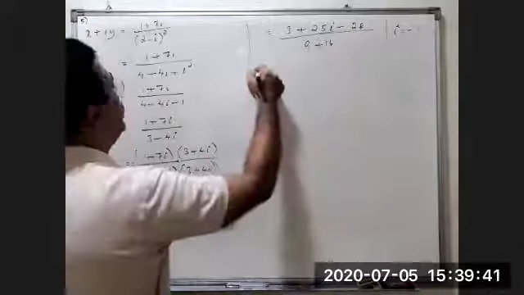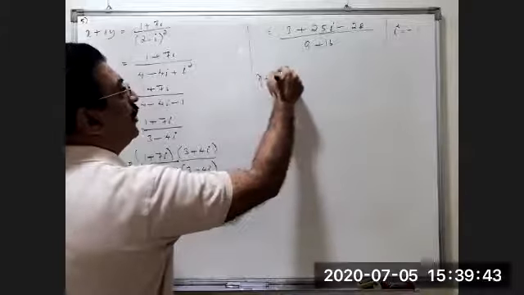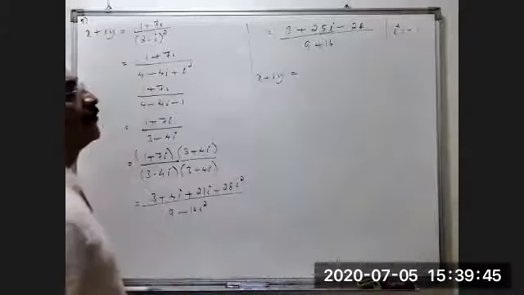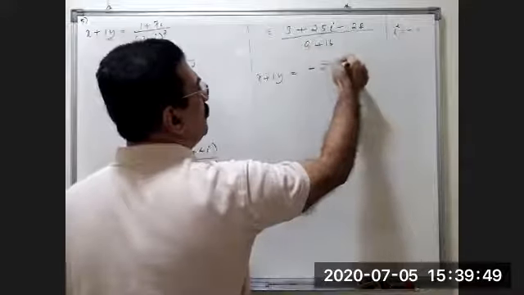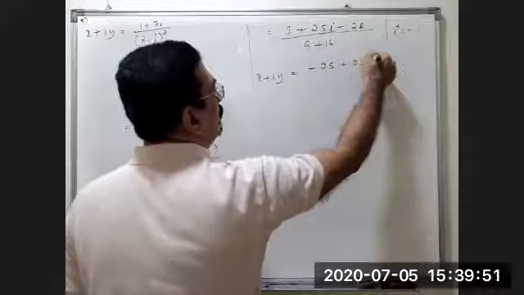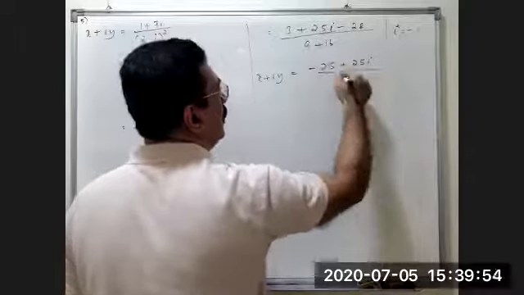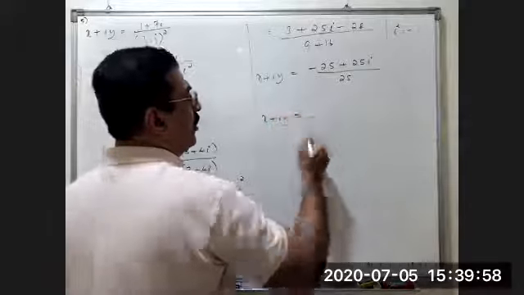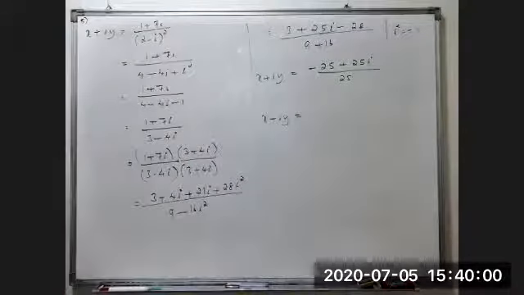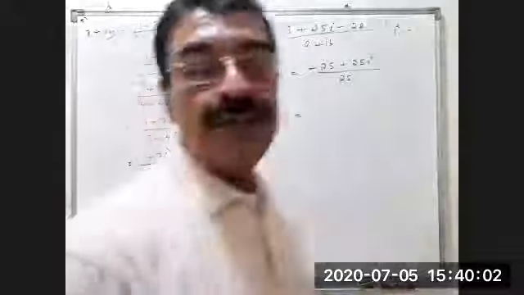So this is x plus iy equals (3 minus 28 is minus 25, plus 25i) by 25. This one we know how to write in standard form.